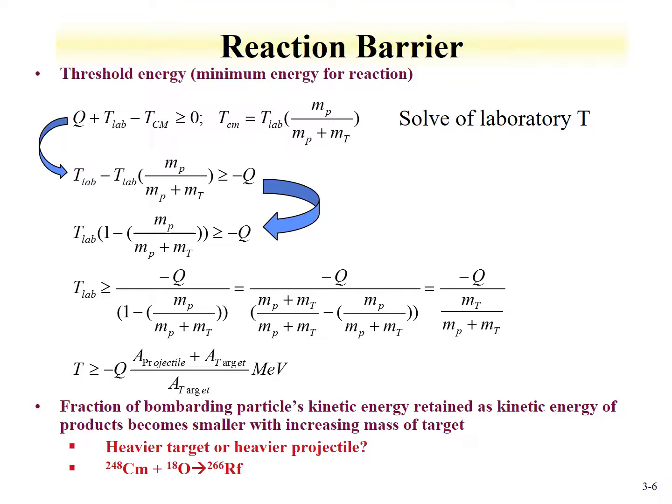We substitute the mass for A, which is a good reasonable substitution. And we come up with this very simplified equation where this threshold energy, this minimum energy for the reaction, has to be equal to the opposite of the Q value times the mass of the projectile plus mass of the target divided by the target mass.